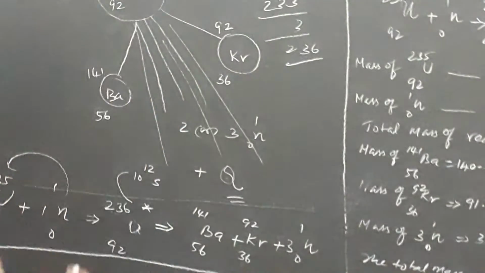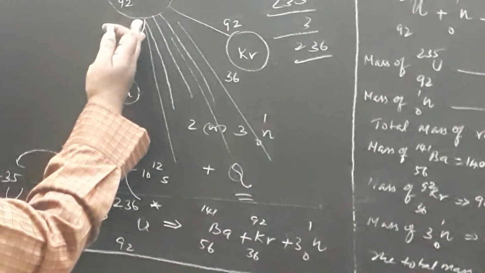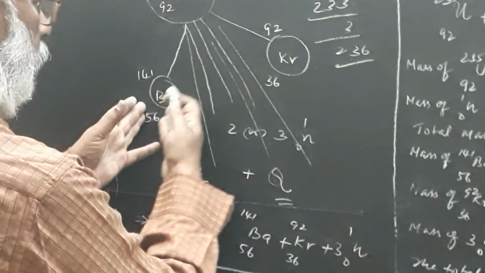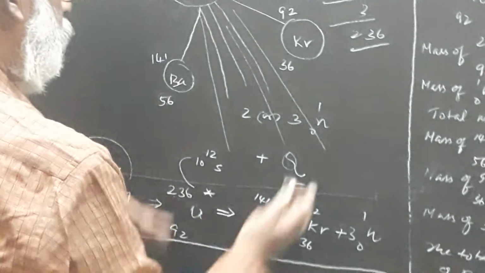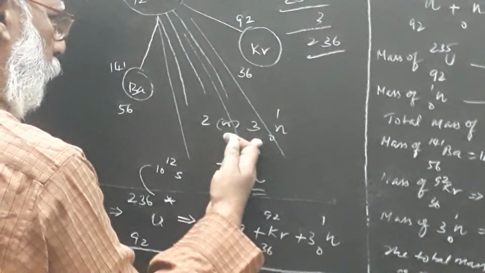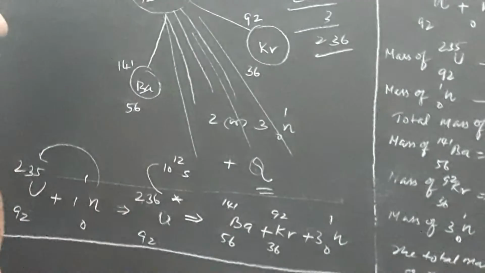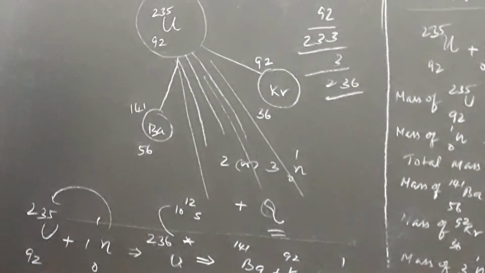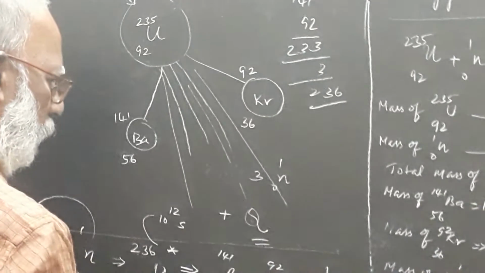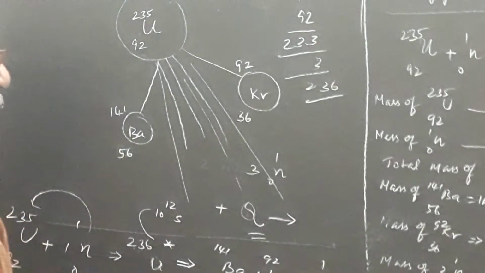In this nuclear fission process, the nucleus is bifurcated into smaller nuclei of barium and krypton along with neutrons. There may be ejection of 3 neutrons or 2 neutrons, depending upon the impact of the neutron energy. Here we have 3 neutrons with enormous energy of radiation.